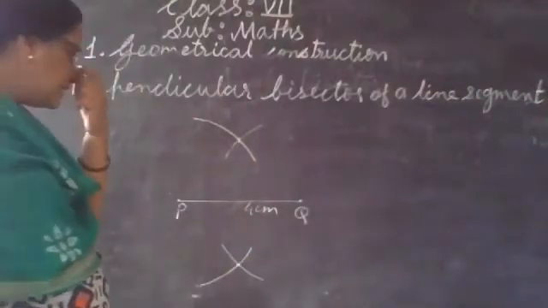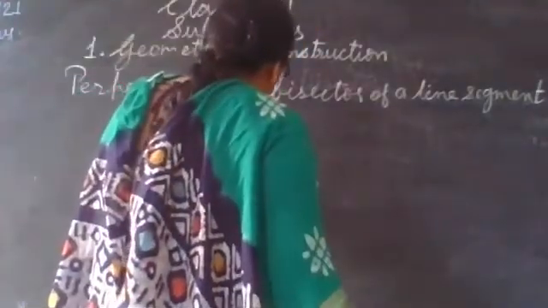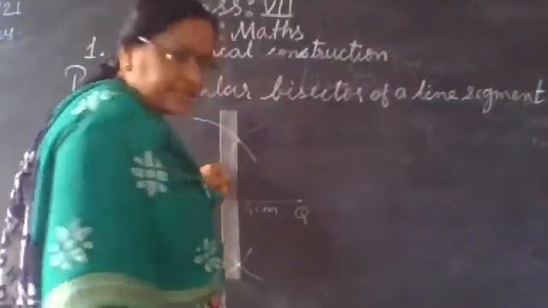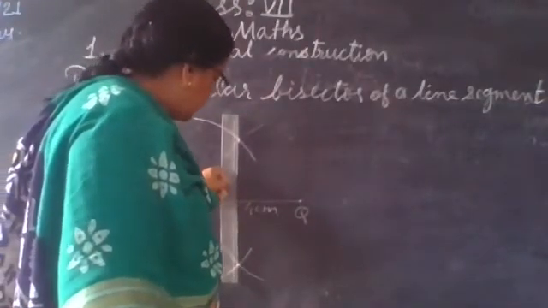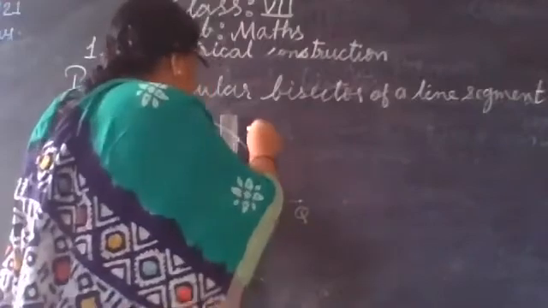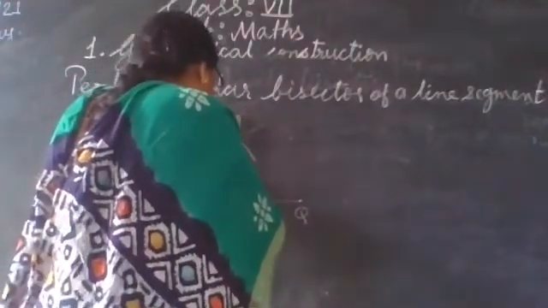Now draw a line segment through these two points. See, like this. First adjust your ruler. Okay. The line should pass through the points, and draw properly.